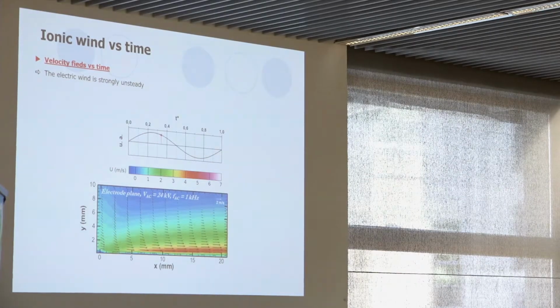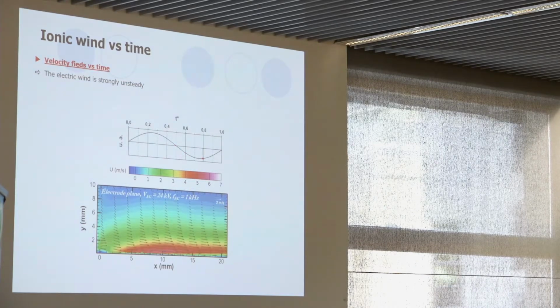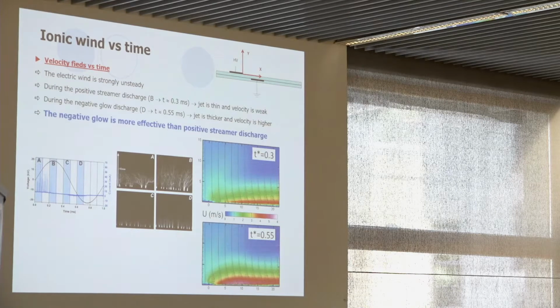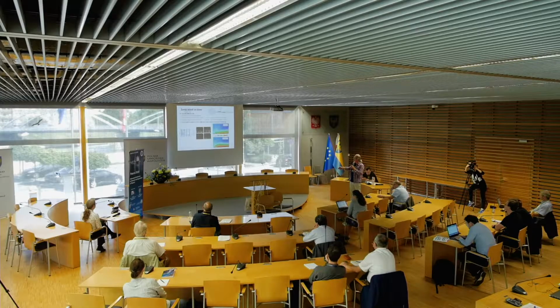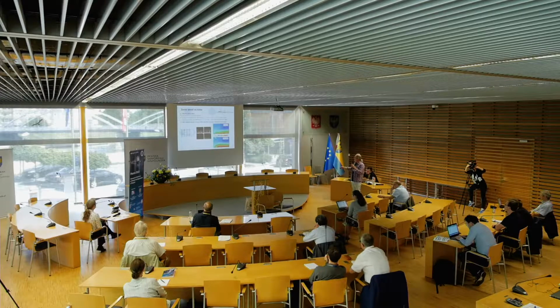But if we observe the produced velocity versus time, we can see that it is strongly unsteady. For example, if we take 2 times in one period, t 0.3 here during the positive going cycle, and 0.55 during the negative going cycle, we can see that the produced sonic wind is fully different.